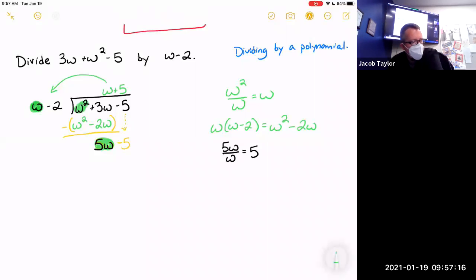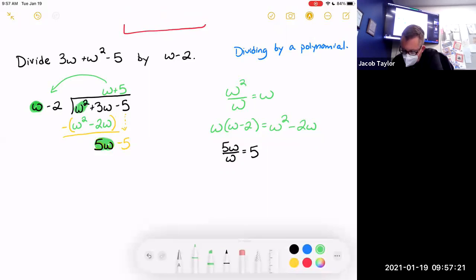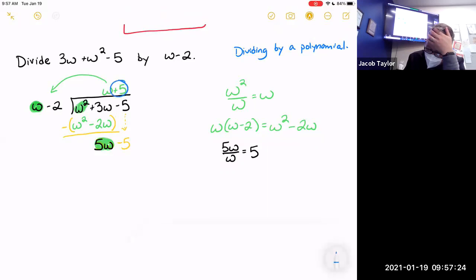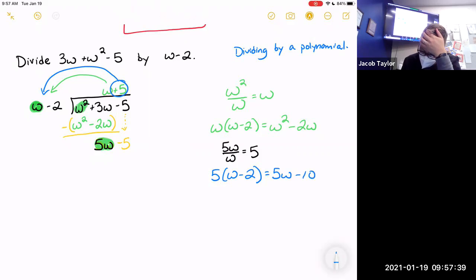It was a positive 5, so I'll put a plus. Now I'm going to take the 5 and multiply it by w minus 2. 5w minus 10. Wait, so is that negative 5w minus 10?